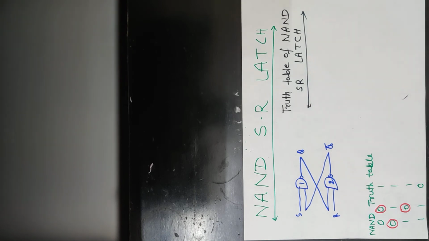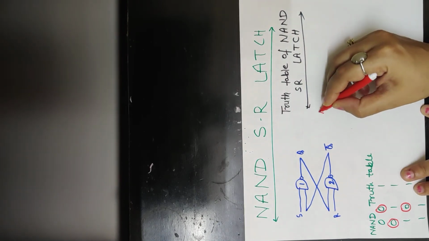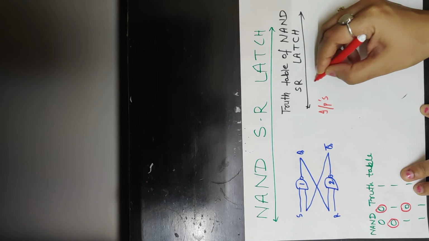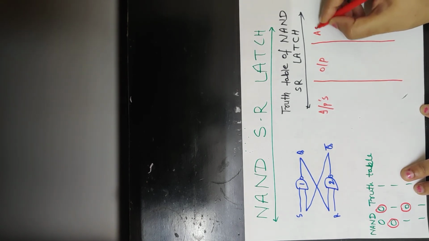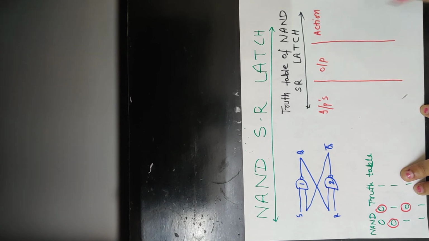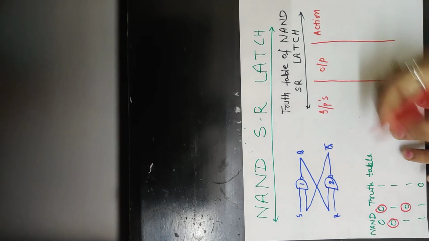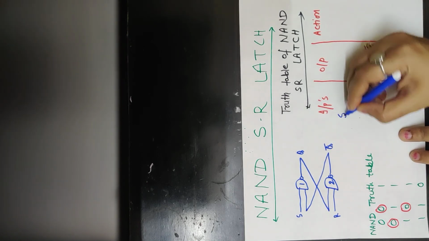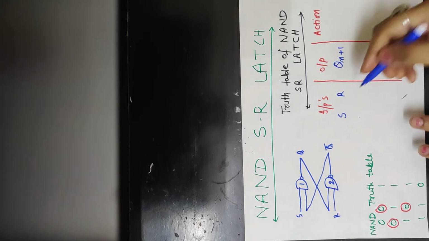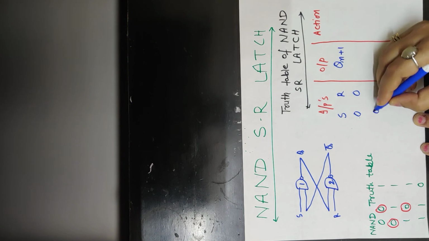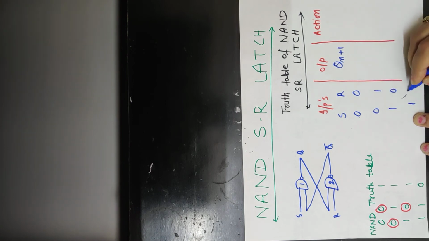Again, we have to take the inputs, output, and the action of the latch. Clear? So again it has two inputs, S, R, output is Qn plus 1. Clear? Again four possible combinations, 0 0, 0 1, 1 0, 1 1.